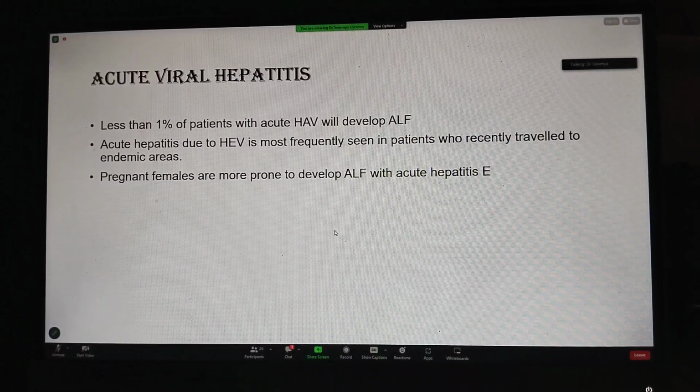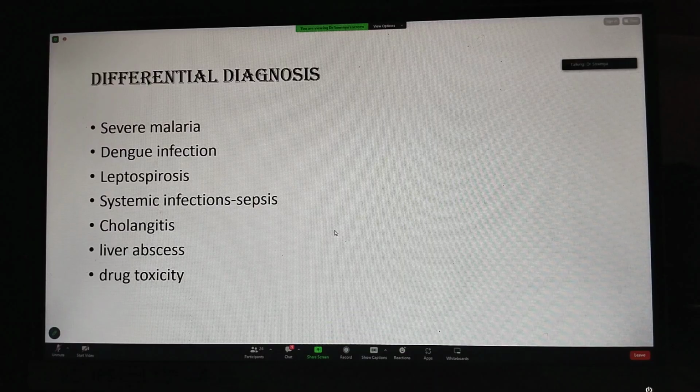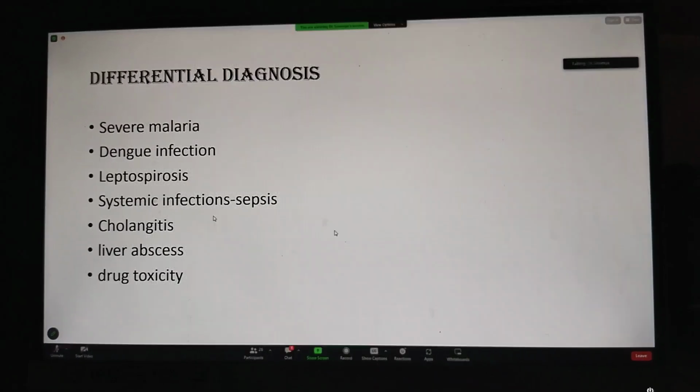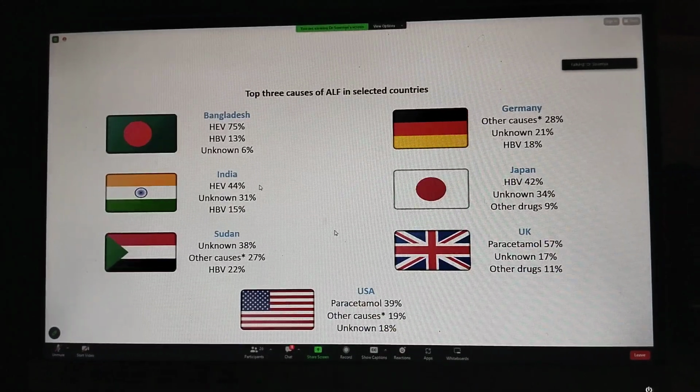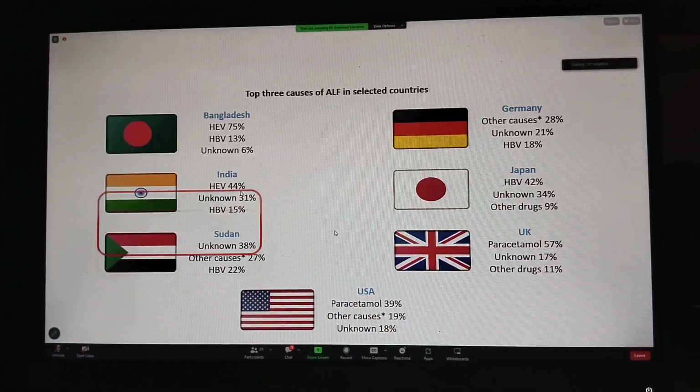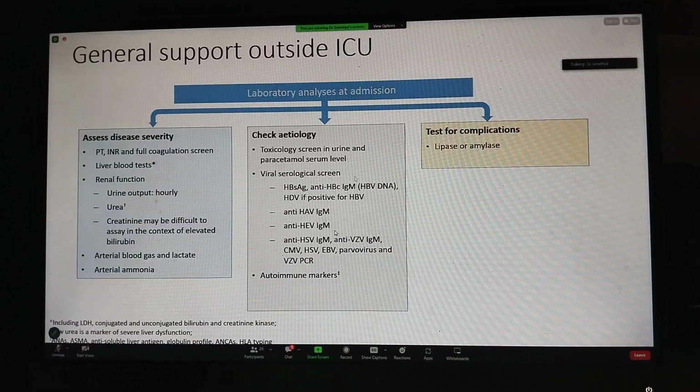And for C, we rarely come across acute presentations. Other differential diagnoses for acute hepatitis are severe malaria, dengue, leptospirosis, sepsis, cholangitis, liver abscess, and drug toxicity. In our country, Hep E is the main etiology for development of severe acute hepatitis related liver failure.